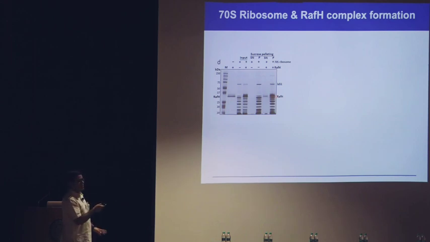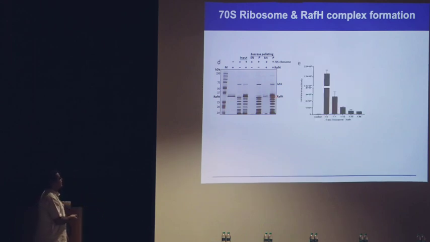So we were sure that this complex is there, and we did some inhibition, and we found that it is inhibiting the protein synthesis. It means the protein is active and good to go for EM.